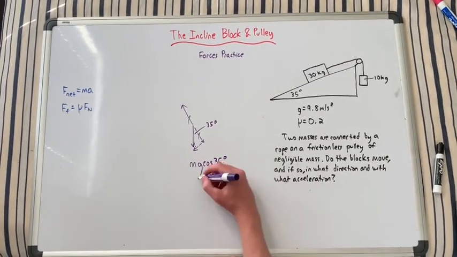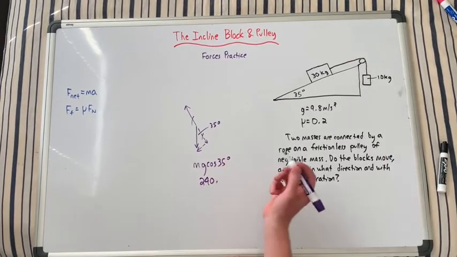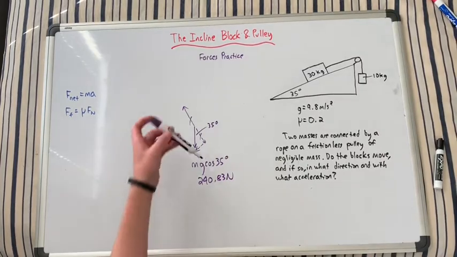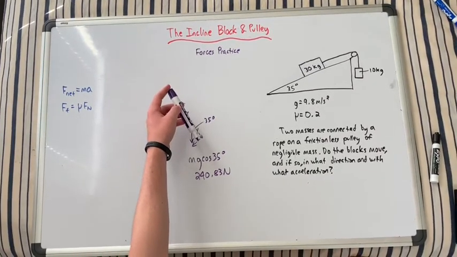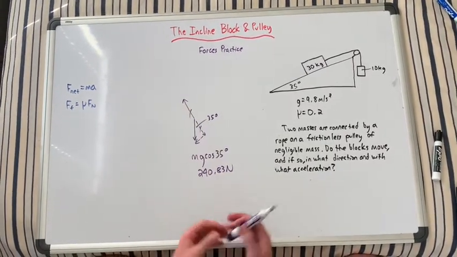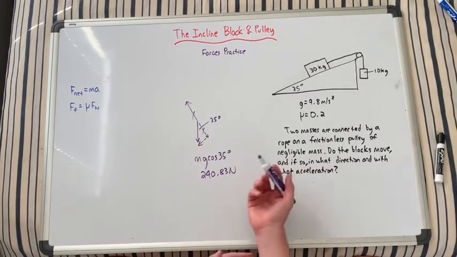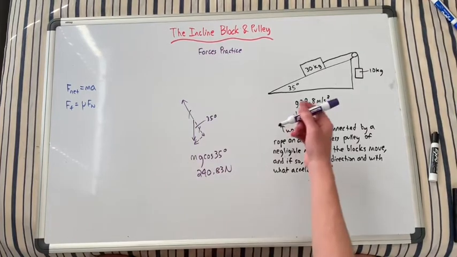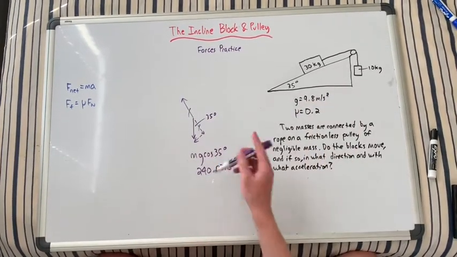And from that, we get roughly 240.83 newtons. So we know that the component of gravity, which is perpendicular to the ramp, or therefore the normal force, is 240.83 newtons.